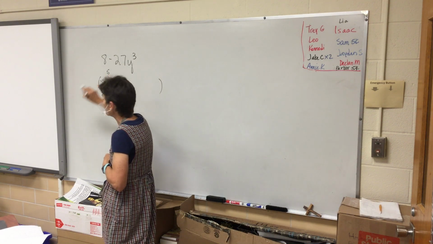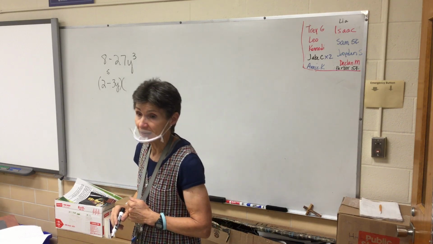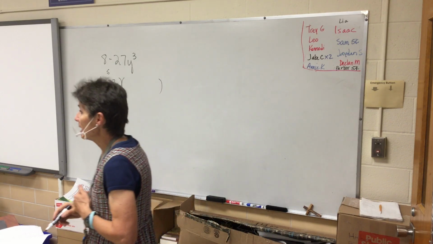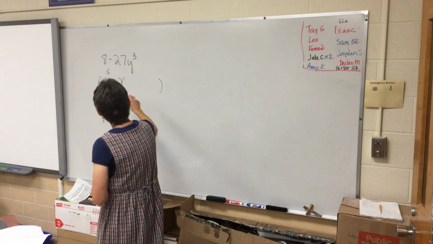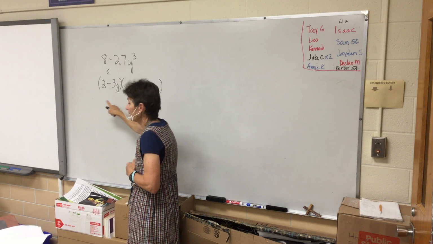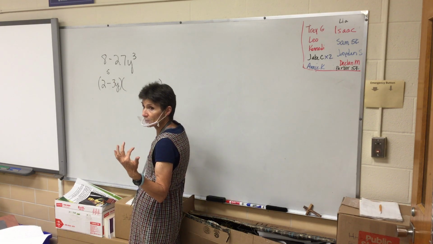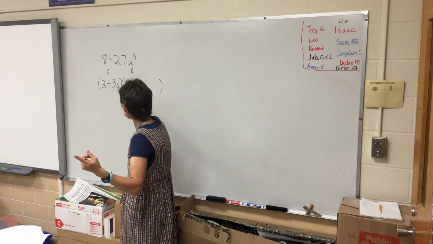I'm thinking of SOAP. That gives me my signs. So the first sign is the same as the original problem. Then you remember how to fill in these. We square the first one. Very good, Ollie. So that would be 4.